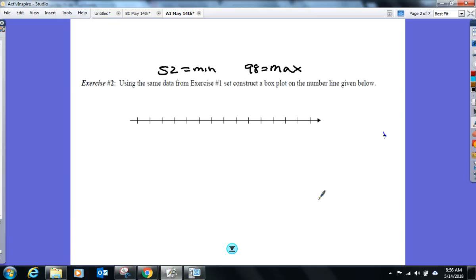Again, I don't have to see the number 52 or 98 on there, but it's got to be somewhere along that line between two of the numbers.